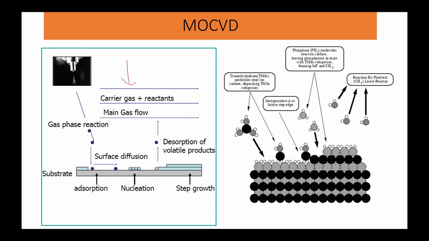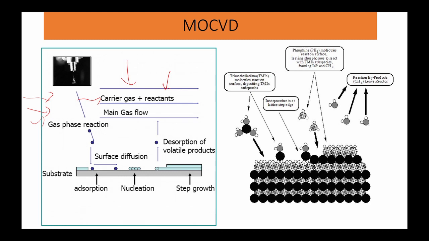So how that MOCVD works, that I will tell you. There are gases of the precursors. Whatever we want to deposit, so indium gallium arsenide or indium arsenide, gallium arsenide, there will be a carrier gas and there are reactants.